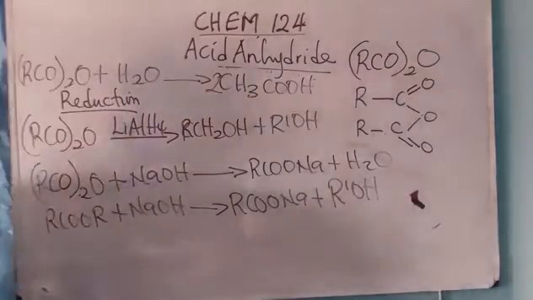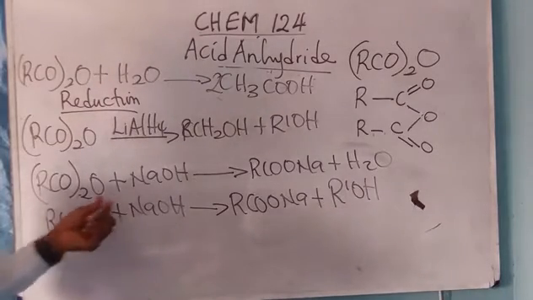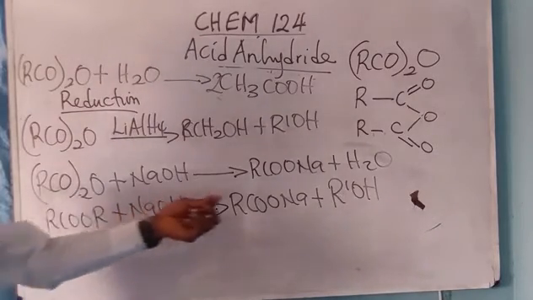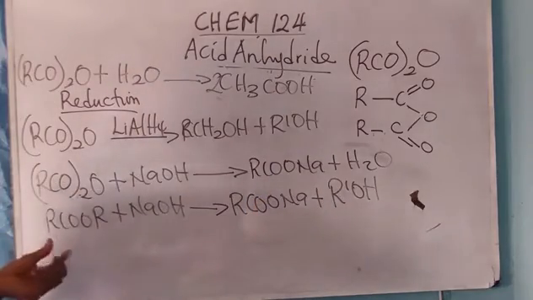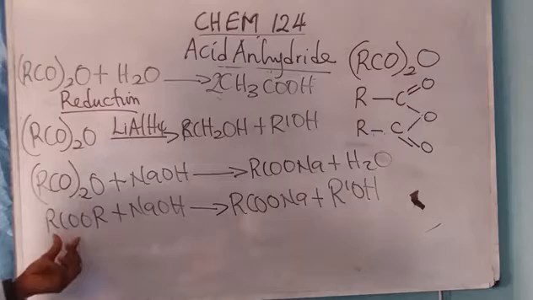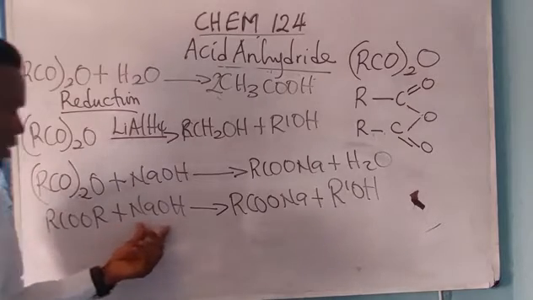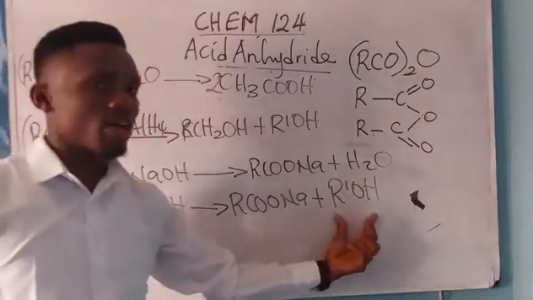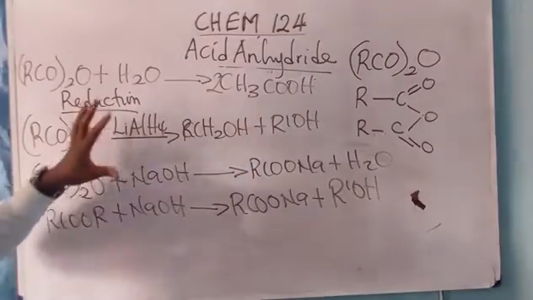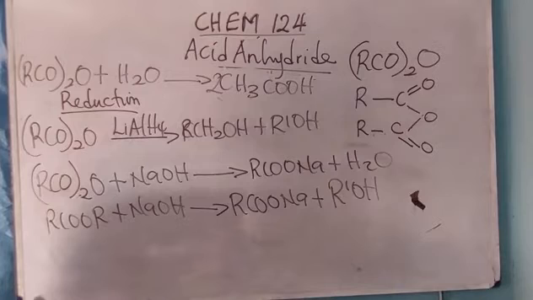So if caustic soda is reacted with acid anhydride, it will produce acidic salt and water only. Then if I react ester with caustic soda, it will produce acidic salt and alcohol. That is the difference between the both of them. So please take note of that.